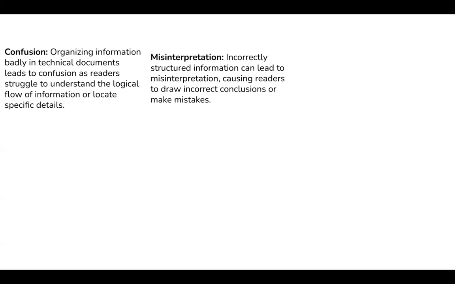They are going to conclude that, okay, this is what this means, whereas that's not what it meant or what you are trying to convey, right? So misinterpretation is a very, very huge problem when you don't organize your articles or your content properly.